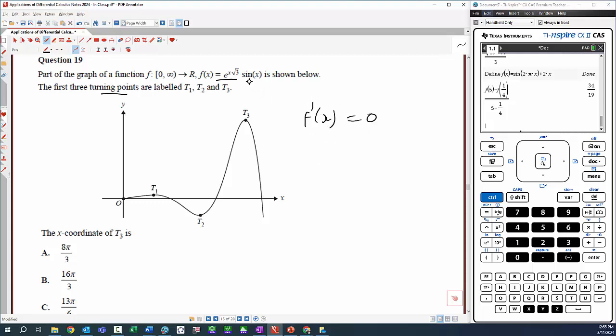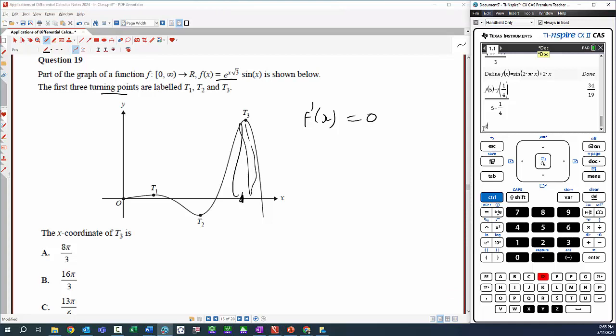And what that's going to do, that's going to give us a general solution. So essentially what we'll do is just start stretching out the domain far enough that it produces 3 solutions or 3 stationary points. And once it does, we'll be able to get the third stationary point in the list, which will correspond to this particular x value here.